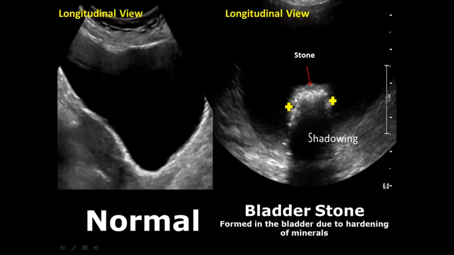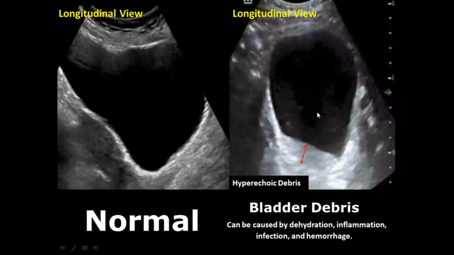A stone in the bladder with posterior shadowing. The stone is appearing hyperechoic. Bladder debris appearing as hyperechoic area, along with some heterogeneous areas in the bladder which would normally appear anechoic if it is only filled with urine.